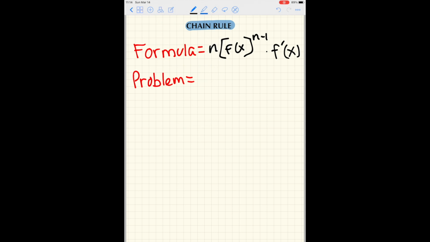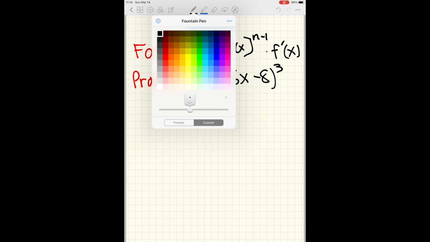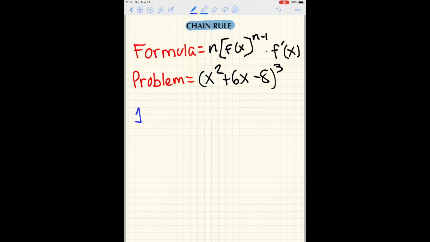This problem is open parentheses x squared plus 6x minus 8, to the third power. Now we will be seeing what is the first step, which is moving the 3 to the beginning. So we will write it all again.